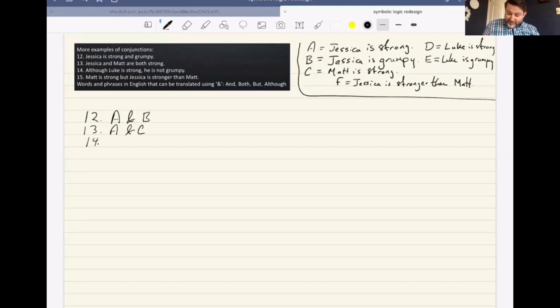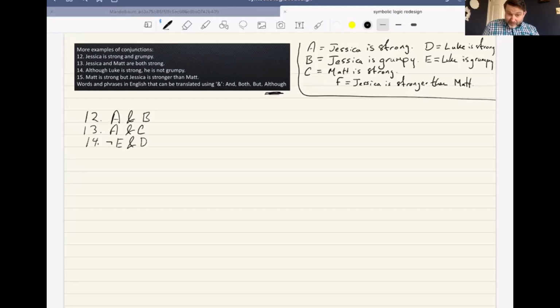14 would be, so we have although Luke is strong, he is not grumpy. Now, as we just saw, and as is reiterated here, although can be paraphrased as and. So we would understand this as and Luke is strong, he is not grumpy. Or if we wanted to flip the order of those two clauses, we could get the more intuitive: it is not the case that Luke is grumpy and D, Luke is strong.